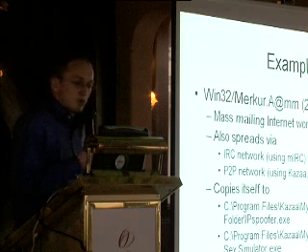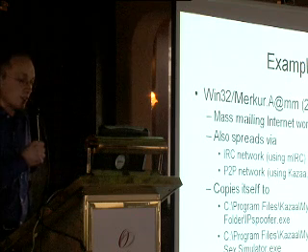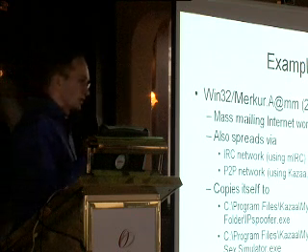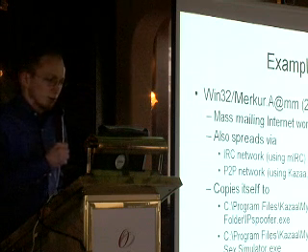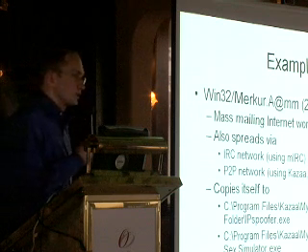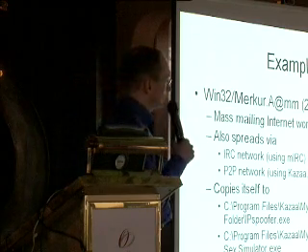There's the first example of a virus spreading via IRC, P2P peer-to-peer networks, and also mail: Mercure. It was one of the first ones to use peer-to-peer as a way to spread.